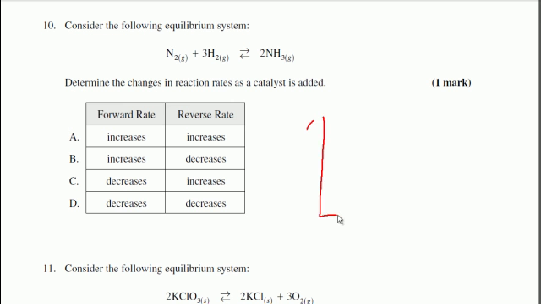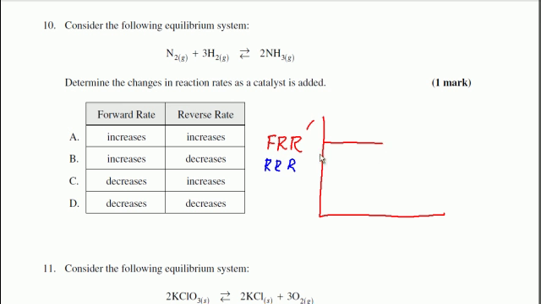So now we're going to do a very similar graph, but in here we're going to go forward reaction rate, and in blue we're going to do reverse reaction rate. Okay, so our forward reaction rate is at equilibrium. Okay, we add a catalyst.